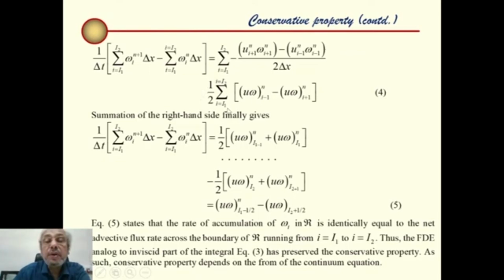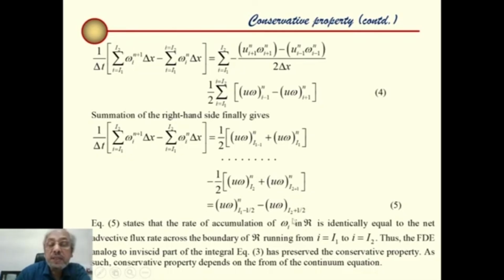Here, if you keep on substituting I equal to I1, then I1 plus 1, I1 plus 2, maybe 3 terms, and then I equal to I2 minus 1, I equal to I2 plus 2 or 3 terms, you will see the fluxes can be arranged in such a way that all intermediate fluxes get cancelled. In the domain, the inlet flux will just go out as outflux. Influx will just go out as outflux.